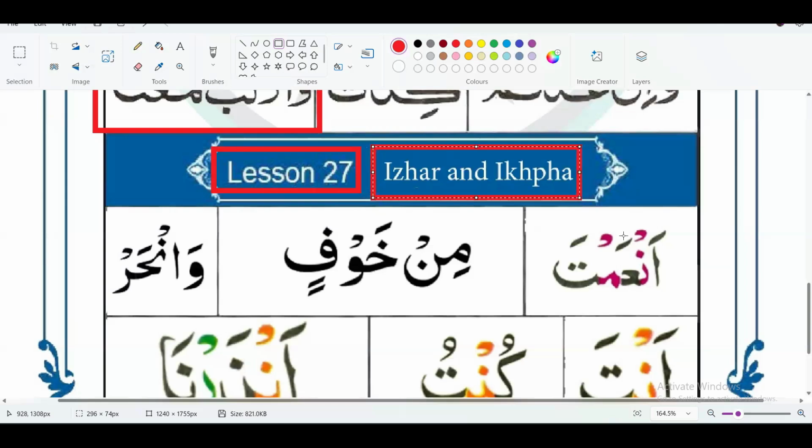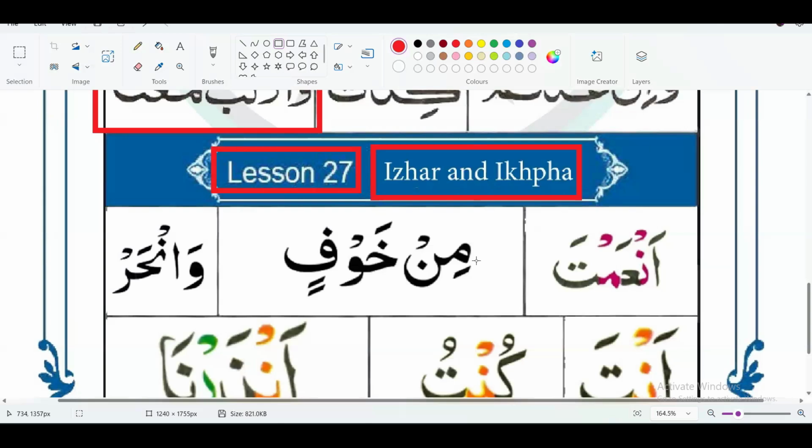Do you understand? So you just need to remember the letters of Izhar and the letters of Ikhfa to apply. If you remember the letters of Izhar, you can easily read clearly without Gunna.